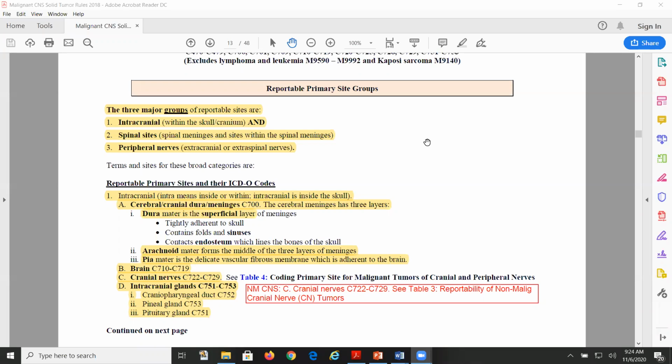Our brain sites are C710 through C719. Our cranial nerves are C722 through C729. Remember, C721, cauda equina, is included in the spinal sites. And then our intracranial glands, C751 through 53.